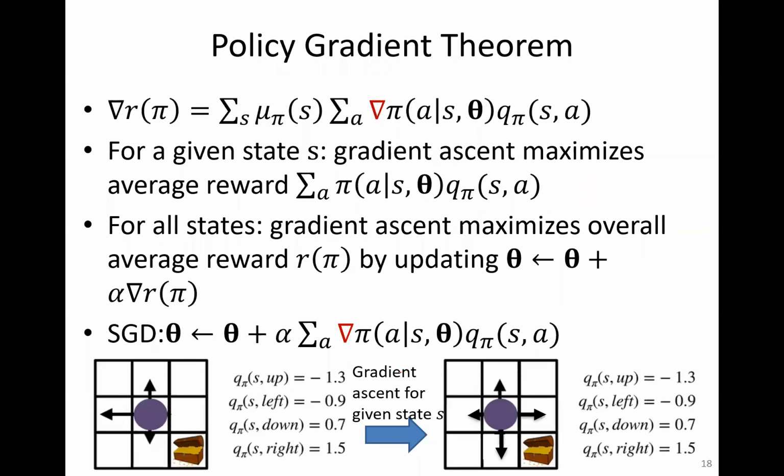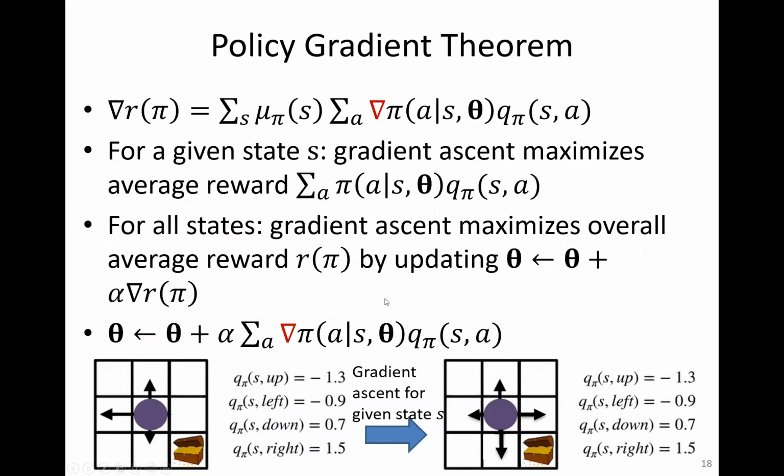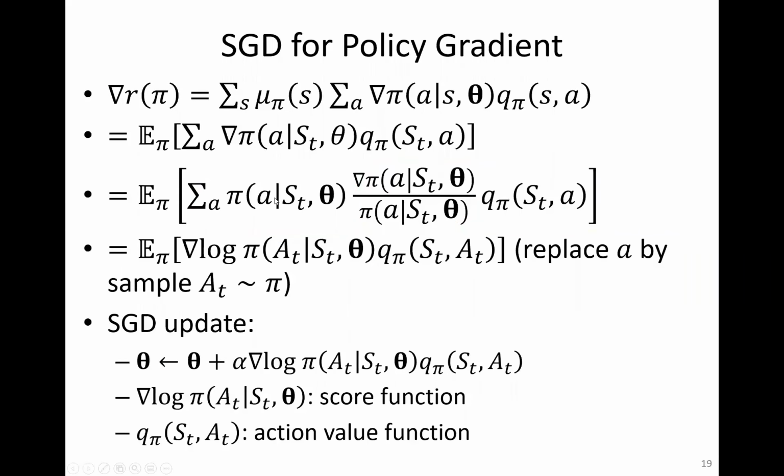Before the transformation it's not really SGD because you need a summation, so this is still difficult to evaluate. But once you do the transformation, now you can evaluate it with sampling. So this is SGD.